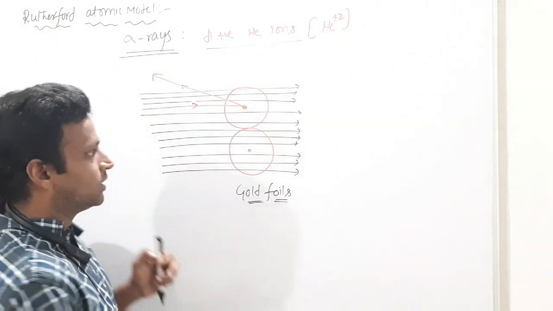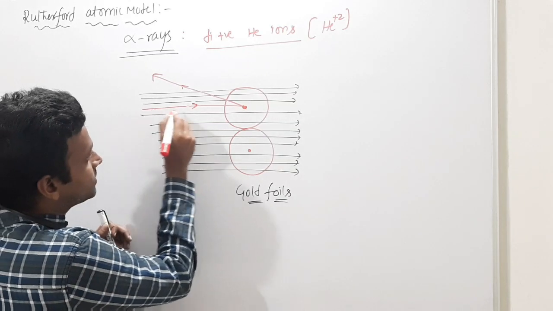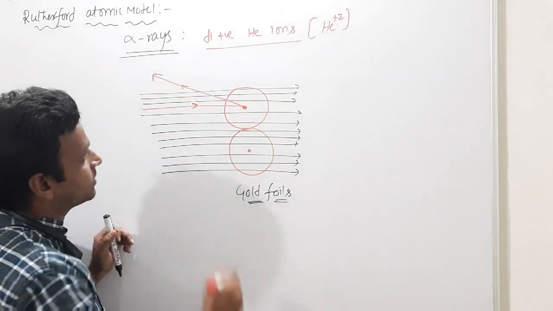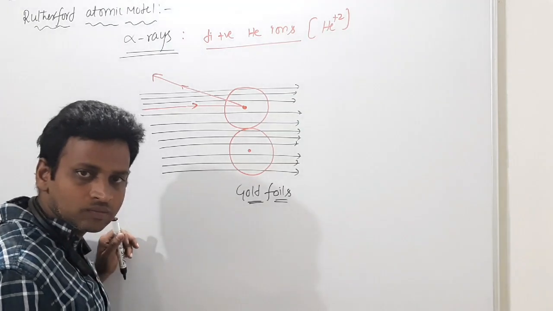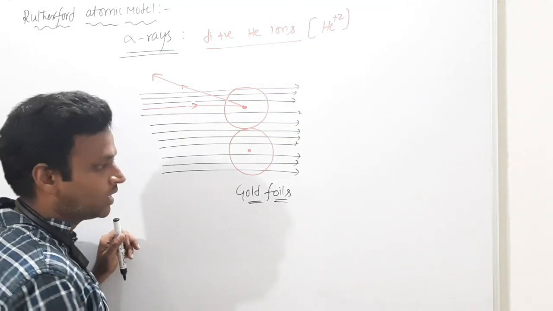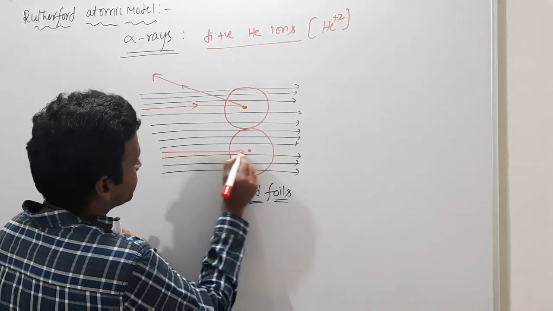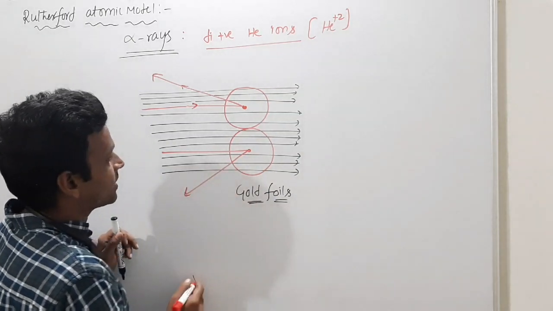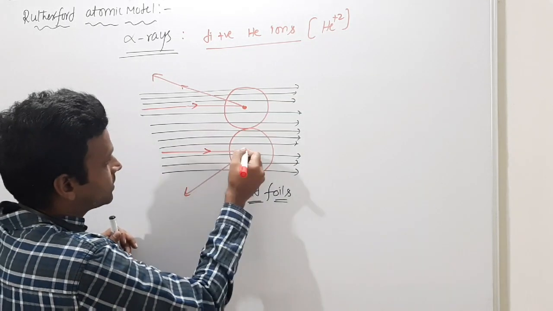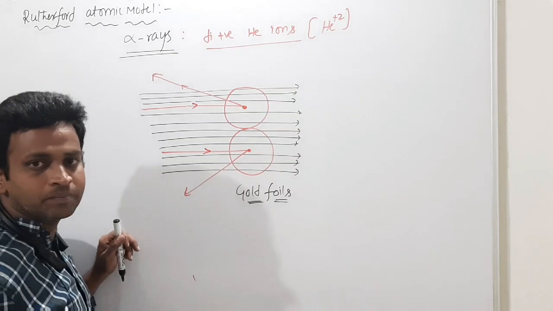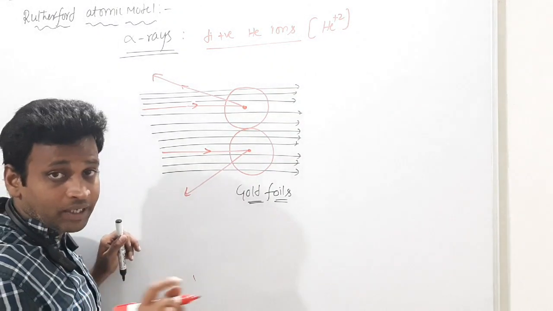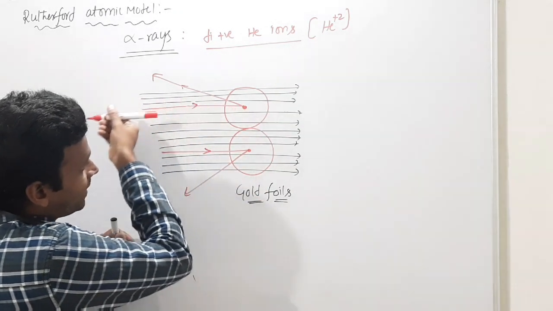Got it, everyone? The rays which hit the center come back like this. Here also the ray which touches the center comes back like this. It hits the center, then is deflected back. I repeat, the deflection will be in the same direction.